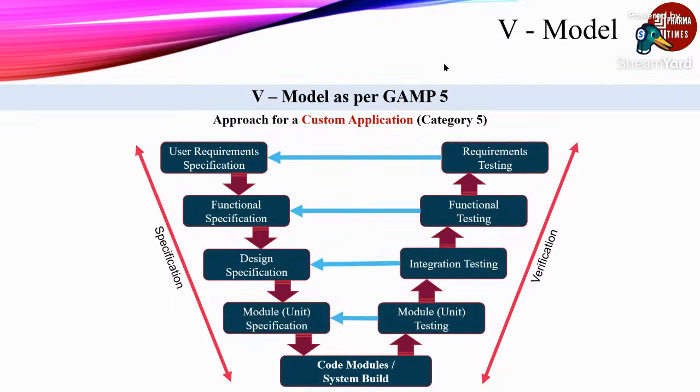Means the left side of the V model represents the requirement of the system owner, then the functionality based on the design specification, and it must prepare the module, meaning the unit specification, for functionality developed only for that company or to meet our requirements.